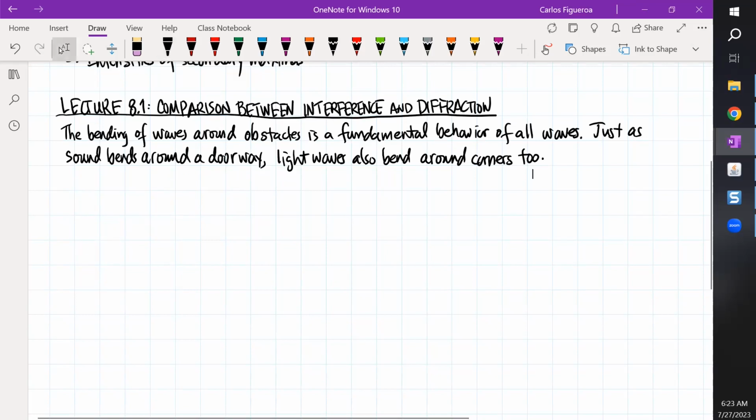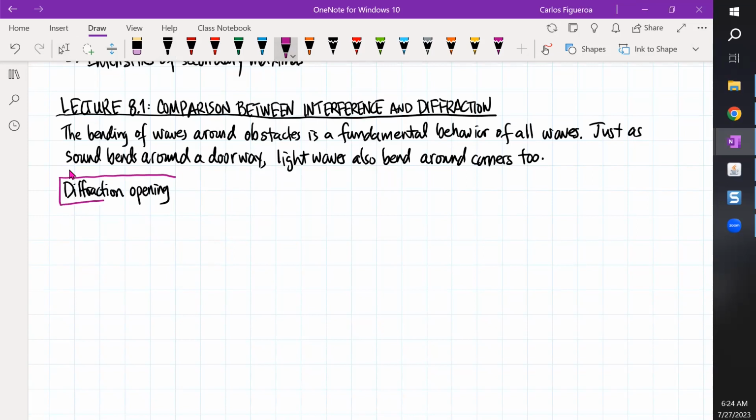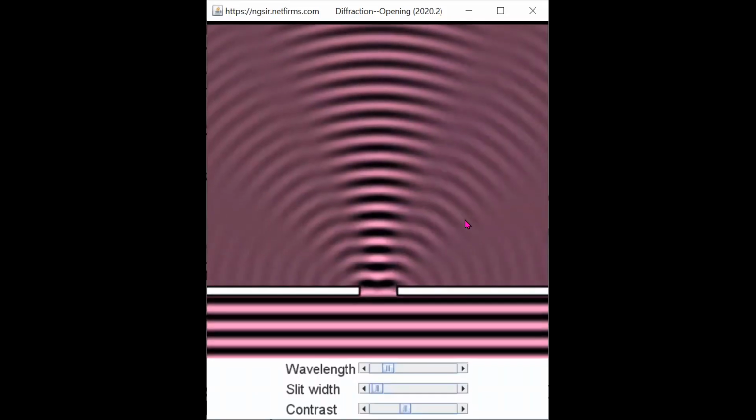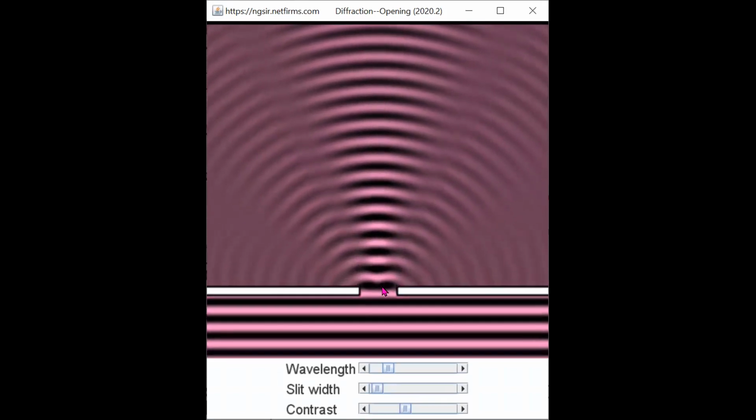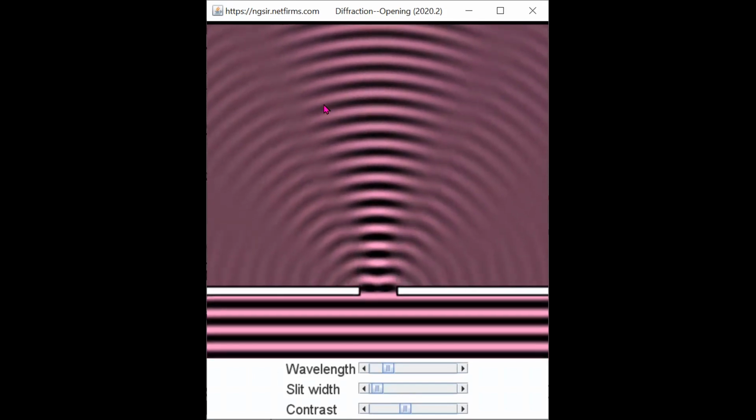And to show you this, I'm going to show you an applet, and this applet is the diffraction opening. Sharing my screen, here it is. What you're seeing here is that these waves are coming into this opening. The waves are going to experience a slit opening.